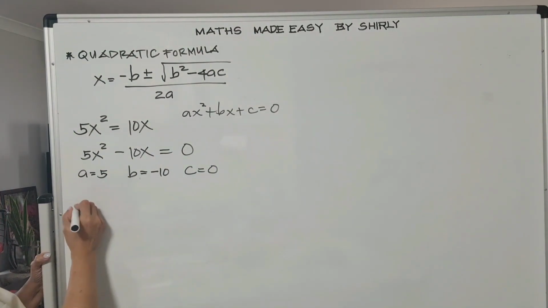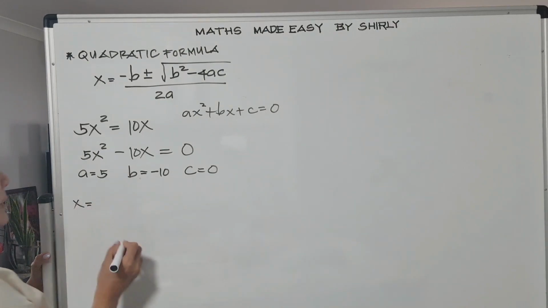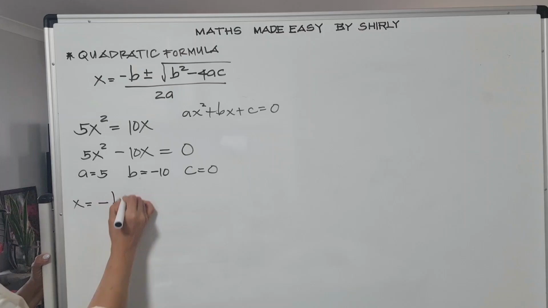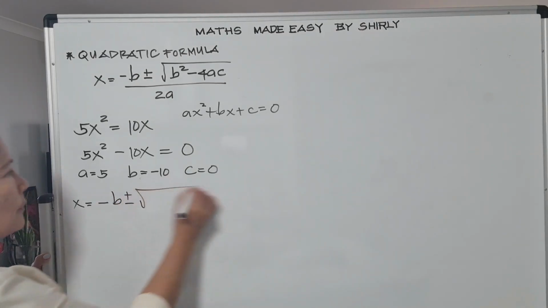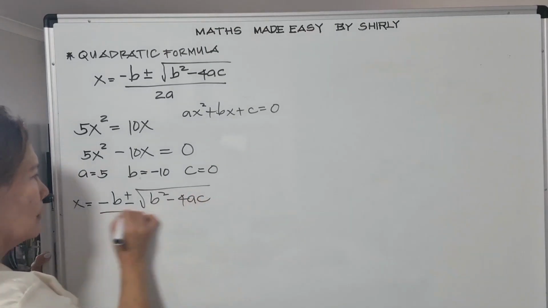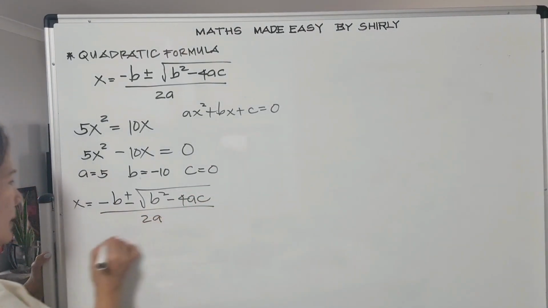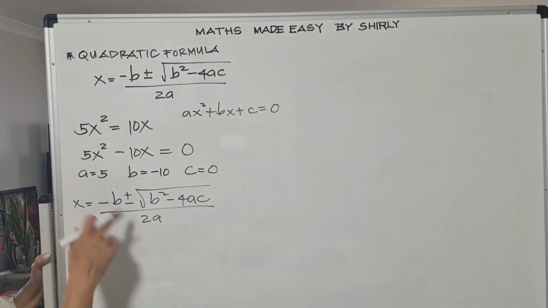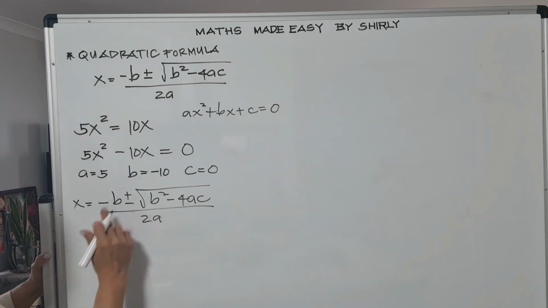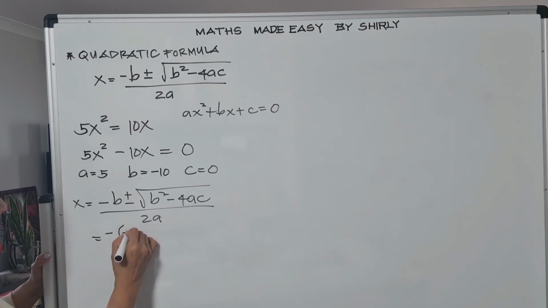Moving on, we have again the quadratic formula. We have negative b plus or minus the square root of b squared minus 4ac, all over 2a. So substituting our givens, we start first with b. So we have negative, negative 10.